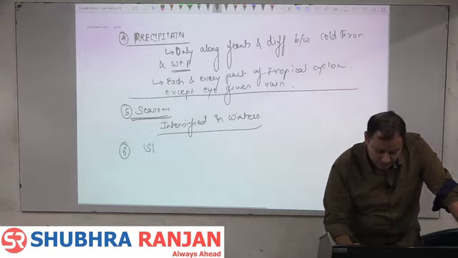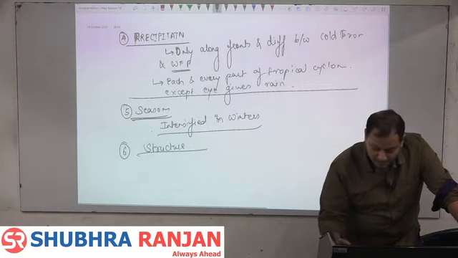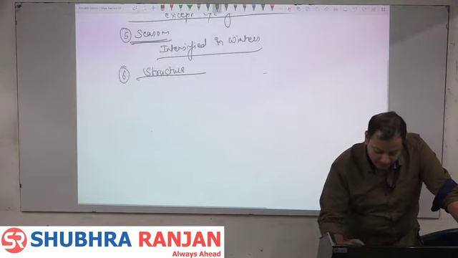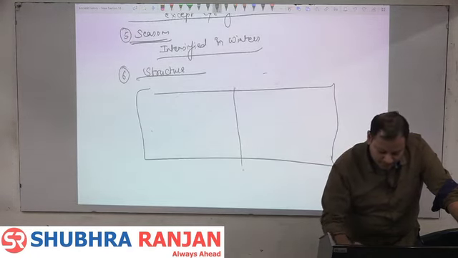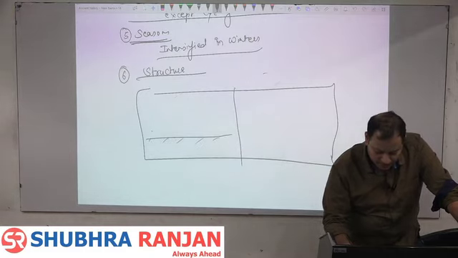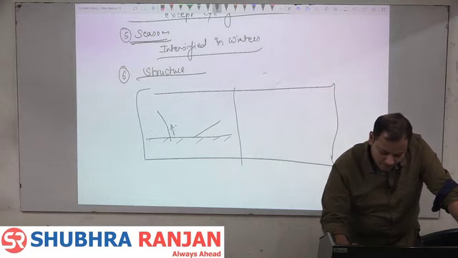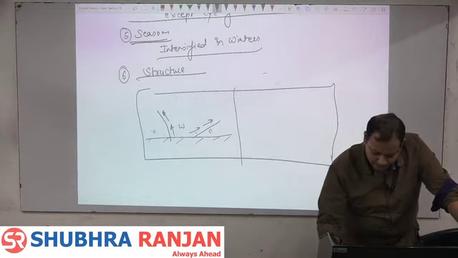Sixth, structure. This is very important, even more than seasons. Let this point be, and here again 2 diagrams will come: a box and a very small diagram. It does not take time at all. Right?